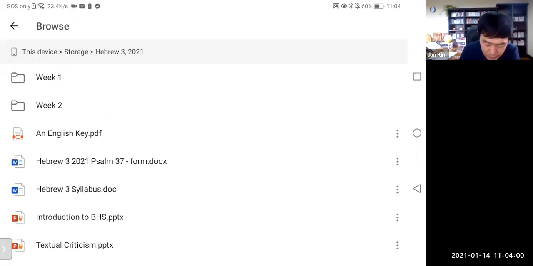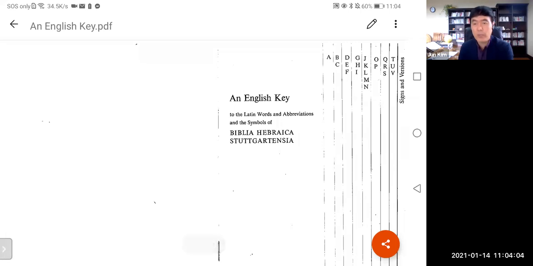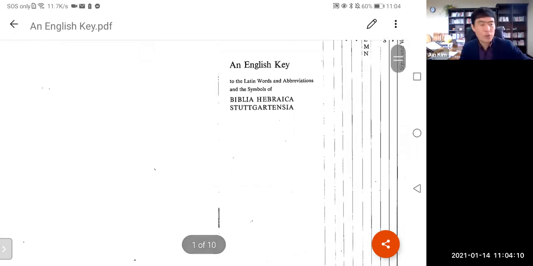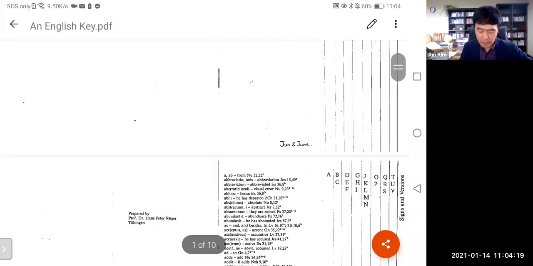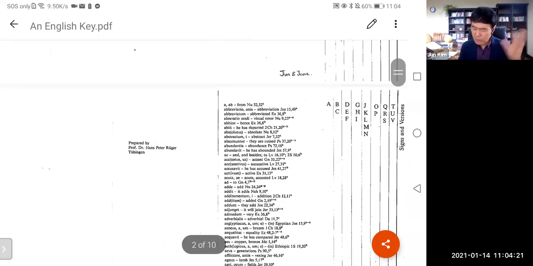If you have the English key that I gave you, just open it and take a look at it. This is the file that I uploaded. It is a portion of A Simply Guide to BHS, the third edition by Willie Scott. If you have that one, that's better. But if you don't have it, you can just do your textual criticism based on this.